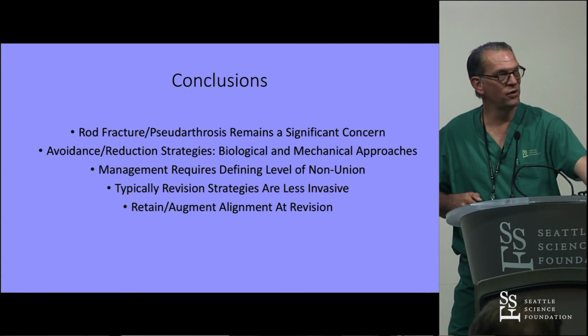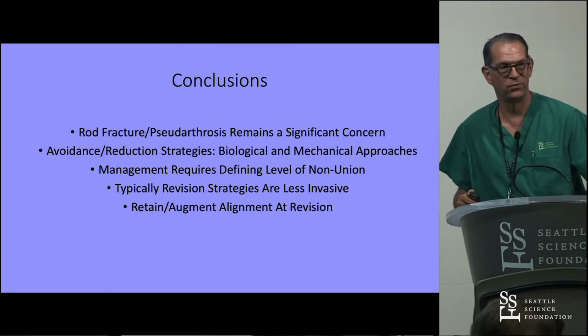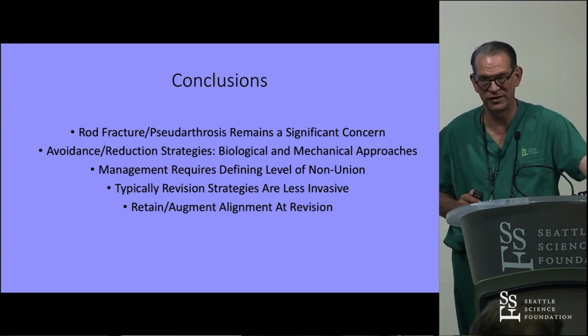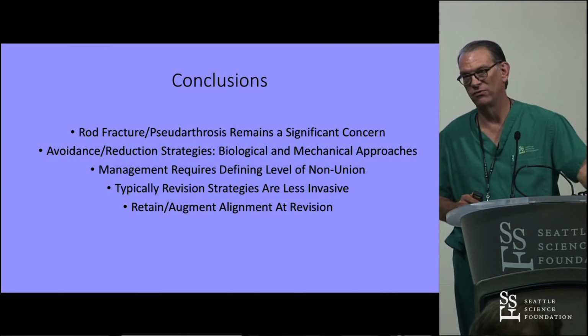So in conclusion, rod fracture pseudarthrosis still remains one of the significant complications leading to reoperation in adult spinal deformity. I think avoidance and reduction strategies include biological and mechanical approaches. I didn't mention Forteo.